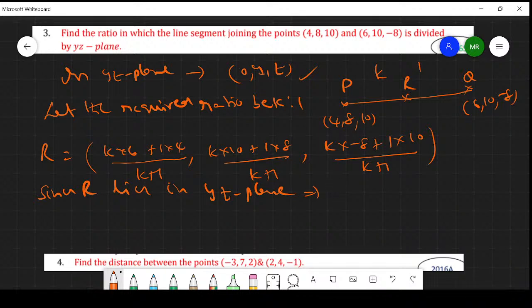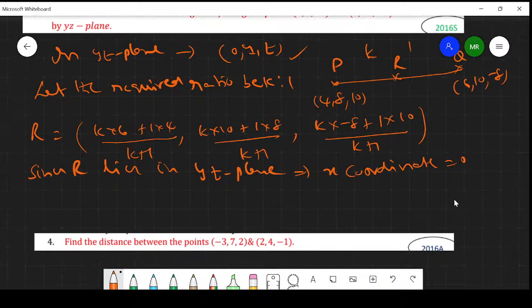You can say 0, y, z. So since R lies in yz plane, x coordinate will be 0. What is x coordinate? This one you can write here in the R point. X coordinate equal to 0.